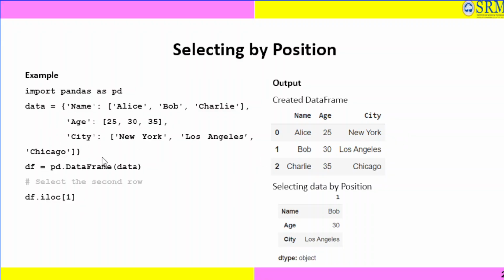The data frame is the same as the previous example. Here we select a particular row only by using ILOC of 1. If I want to select a particular column, you use colon, comma, and the particular value, whichever row or column you wanted.